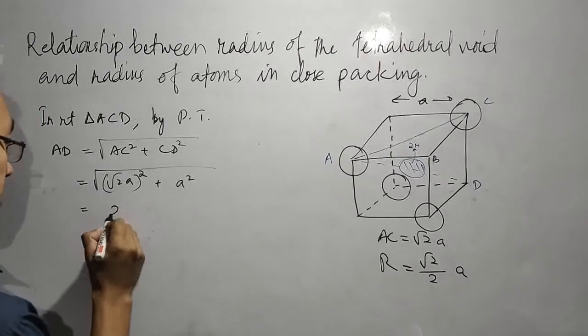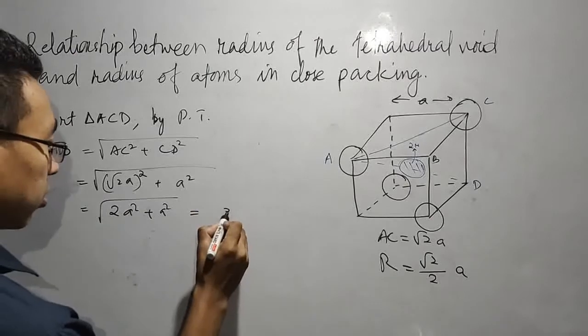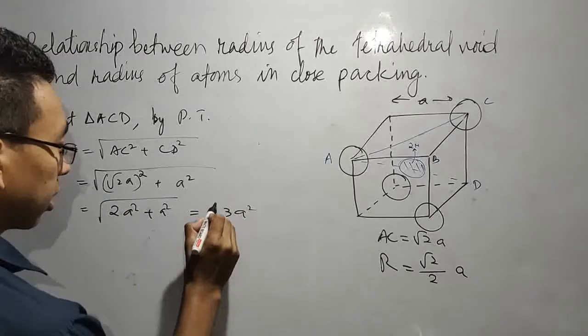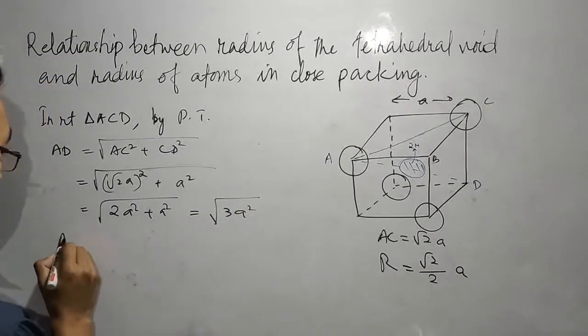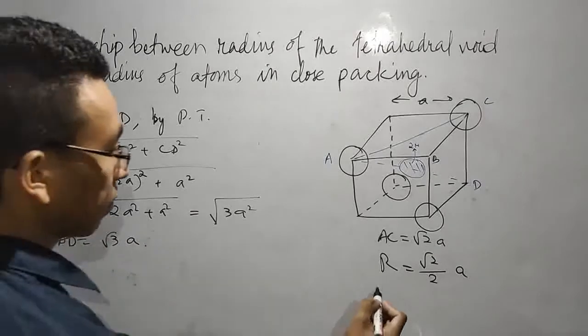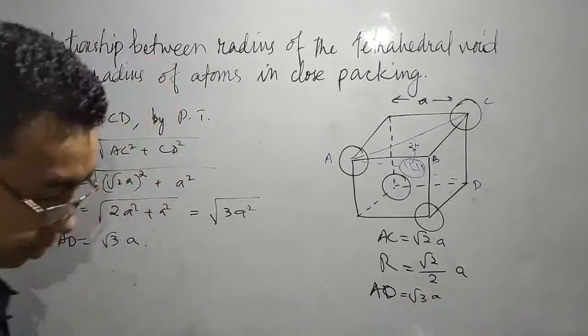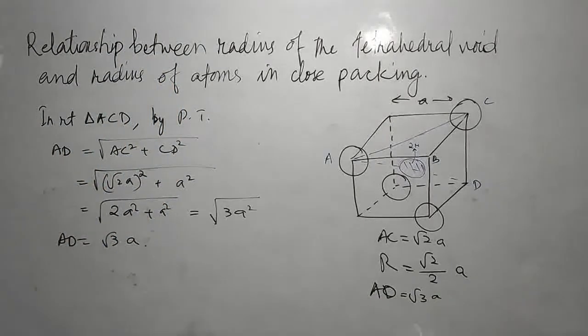Therefore it will be 2a squared plus a squared, which results in 3a squared, and we get AD equals root 3 a. So this is the value of AD.